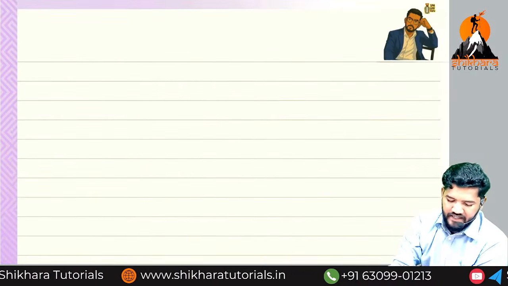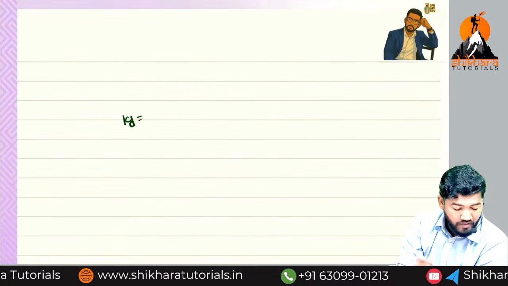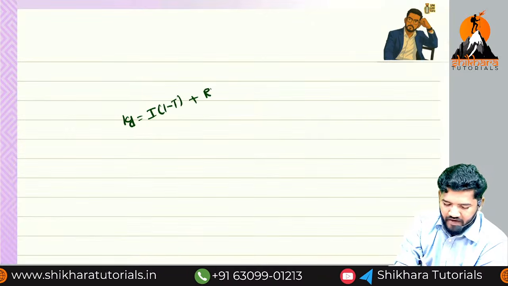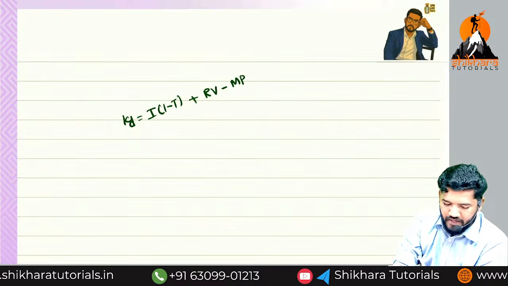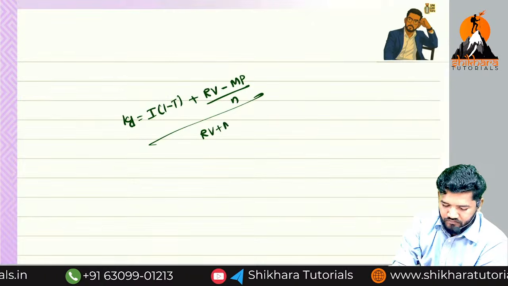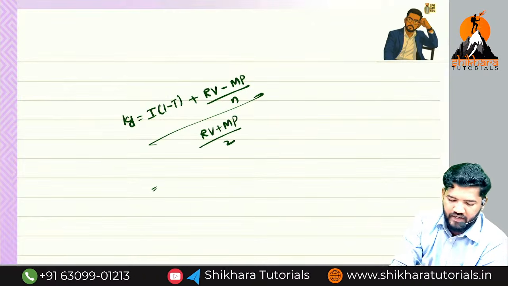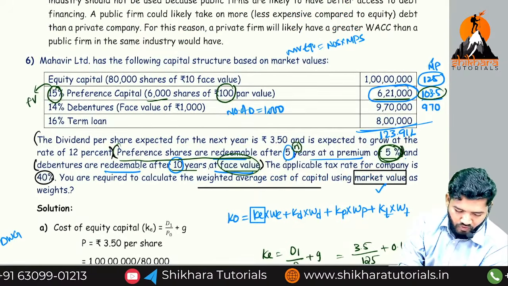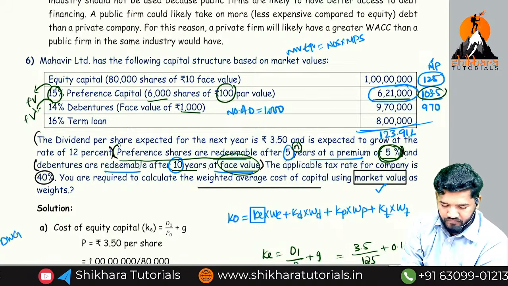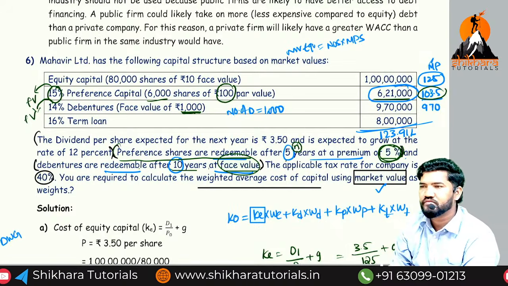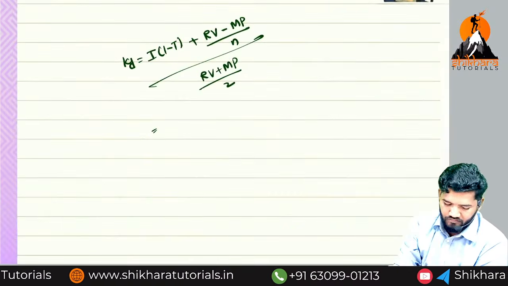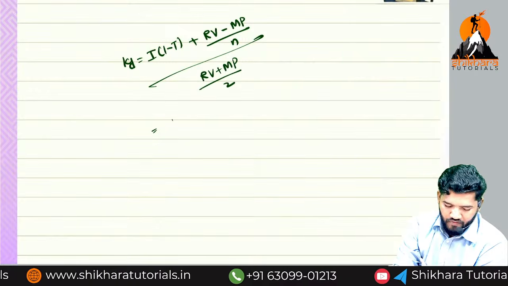I understand it is a redeemable debenture. KD equals interest times 1 minus tax plus repayment value minus market price, divided by n. Now how to calculate interest? 14% on face value. What is the face value? 1000. I am calculating from the per debenture point of view. So interest is 140.